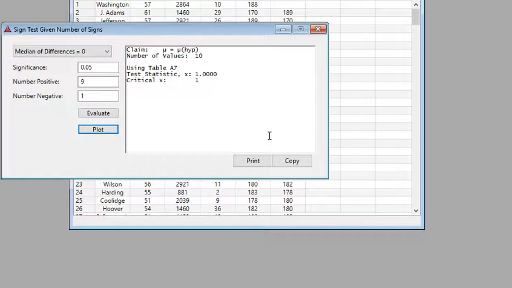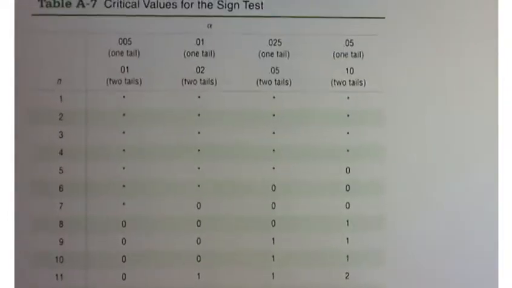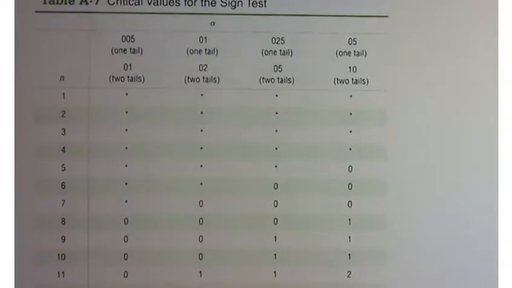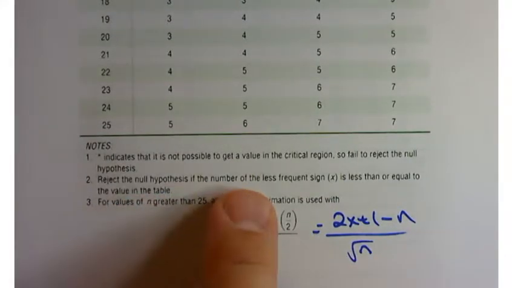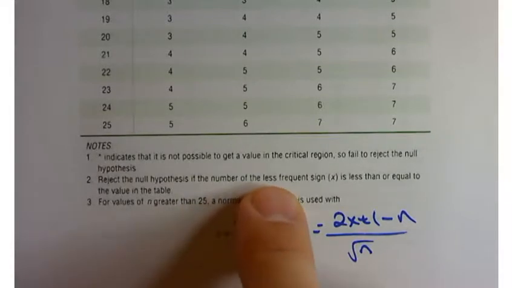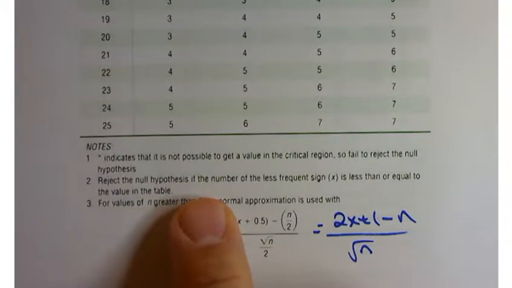So let's flip over to table A7. At the bottom here, they give you the instructions on how to use this table. It says reject a null hypothesis if the number of the less frequent sign is less than or equal to the value in the table.